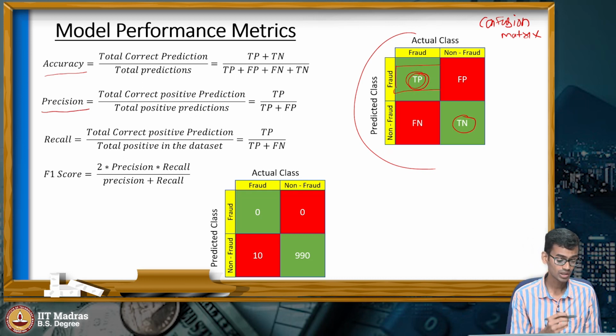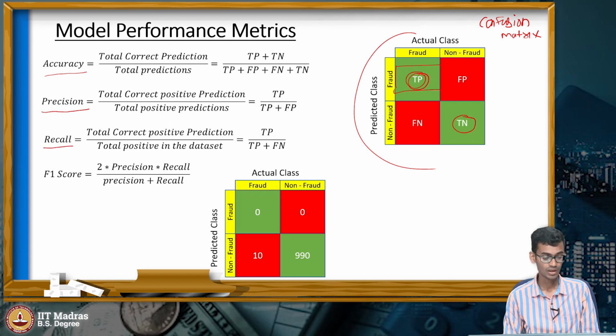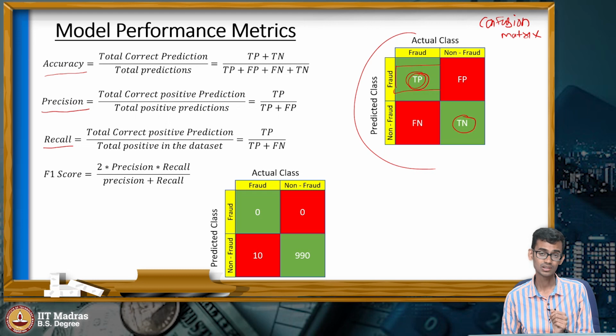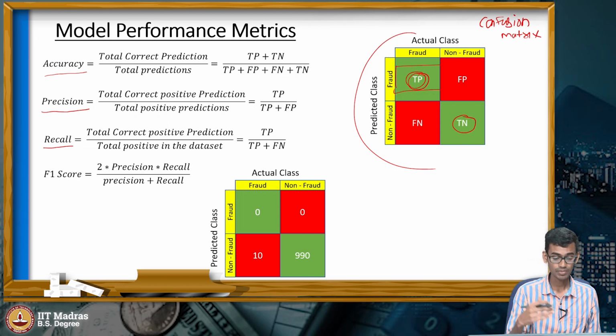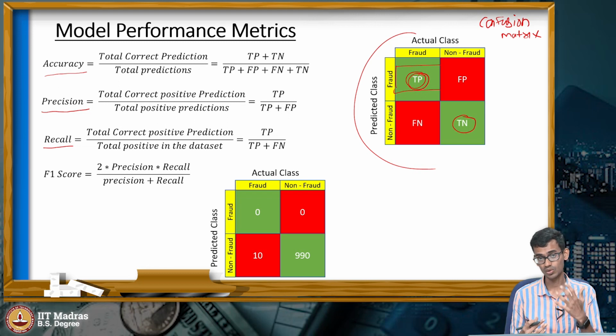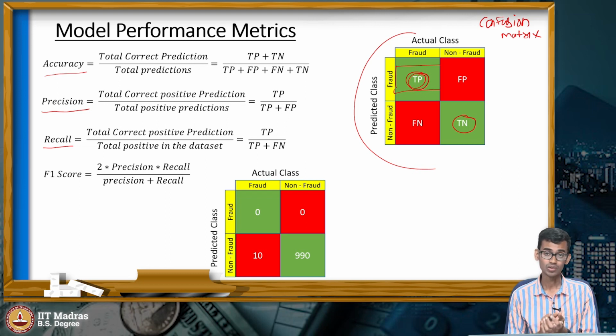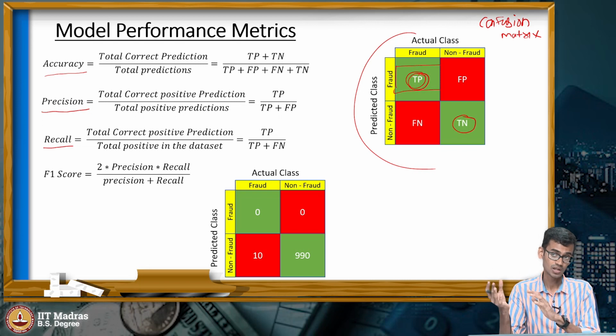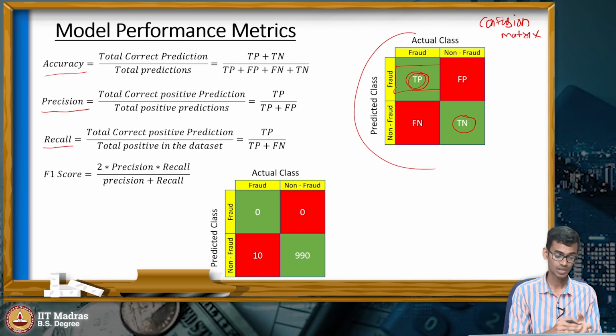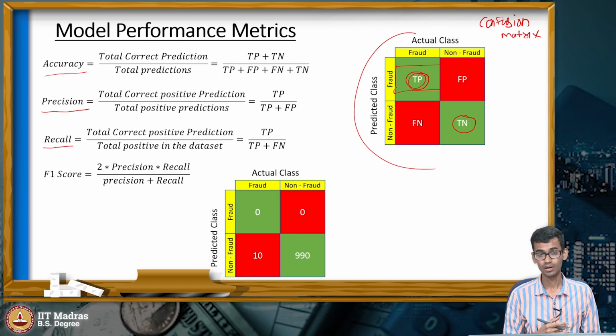And let's look at recall now. So recall is defined as the ratio of total correct positive predictions divided by the total positives that you have in the data set. Okay, so how many of the frauds our model is able to recall, is able to capture correctly, that is what is being illustrated in this recall metric.